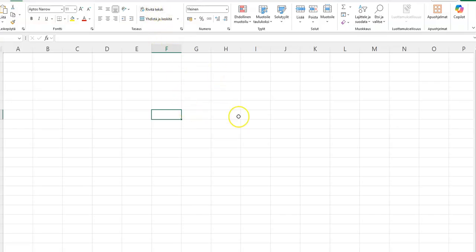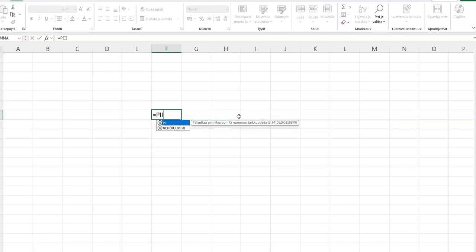These are Finnish format. So if I need pi from the Excel sheet, I will write equal, and then I will write in Finnish pii, two i letters there, and empty brackets. So with this formula I get the value of pi from the Excel. In the English version you use only one i there, so it is this kind of command. But in Finnish it is like this.